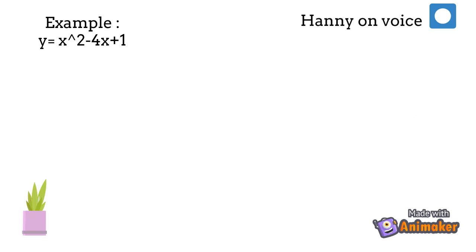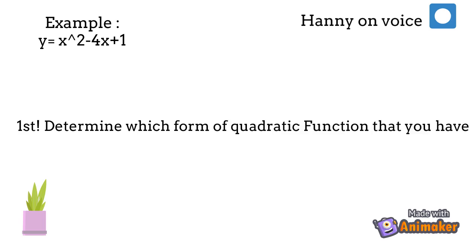Now we're going to see how to graph a quadratic function. I already have an example, y equals x squared minus 4x plus 1. When we want to make a graph of a quadratic function, the first step is to determine which form of quadratic function you have.